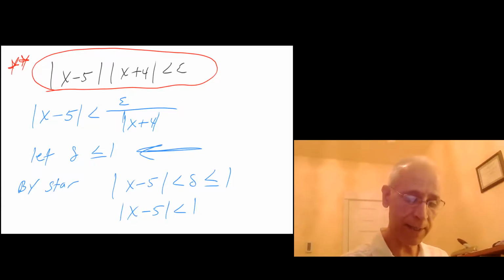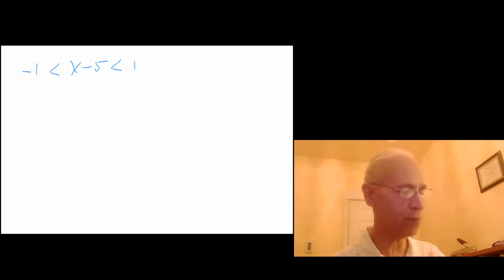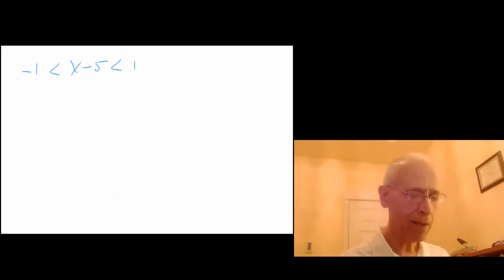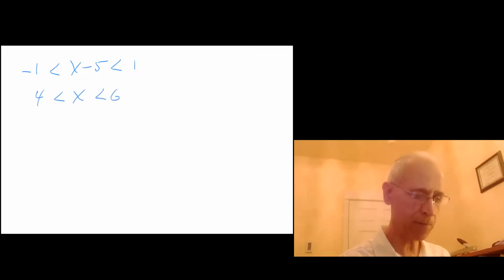Now, using algebra, let me go to the next page. I can say that x minus 5 is trapped between -1 and +1. Remembering Math 98 or Math 141, add 5 to all sides, which tells me that x is between 4 and 6.